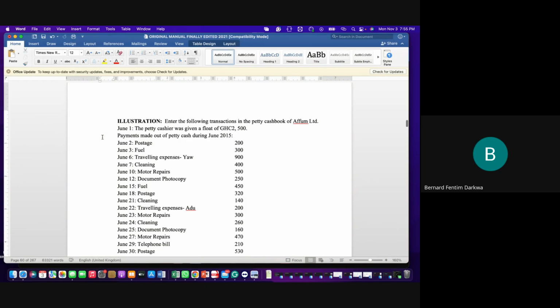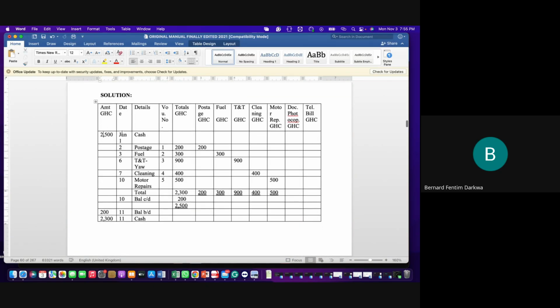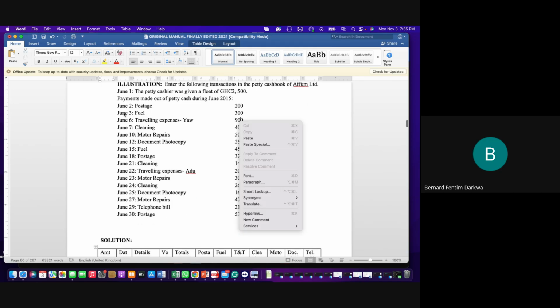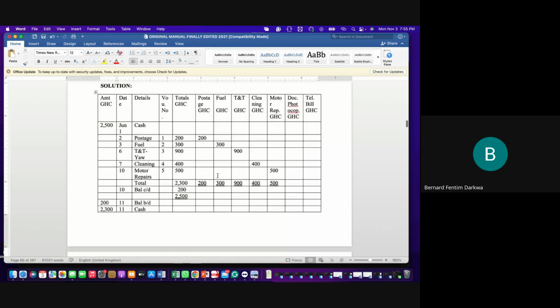That's the amount here. Now out of this 2,500, he's going to use it to make some expenses. So payments made out of the petty cash during June. You see, postage 200. So here, when you receive the money, that's the cash you have received, 2,500. But on the second, postage.